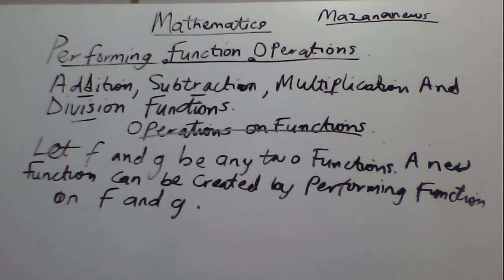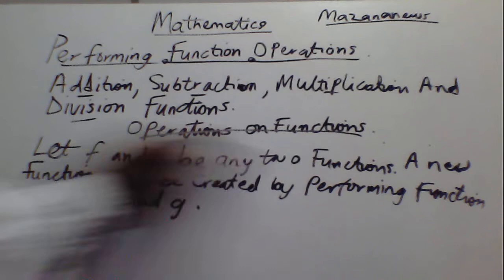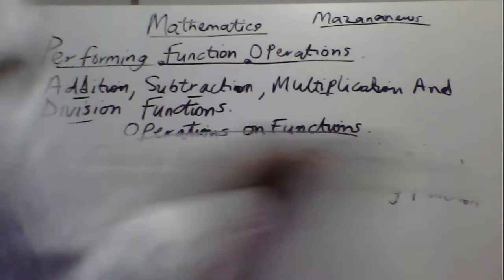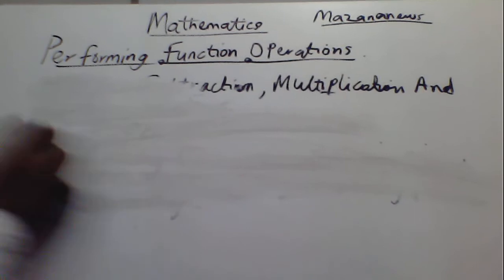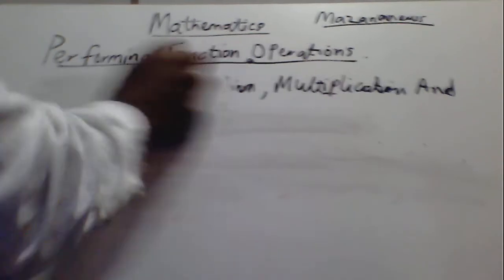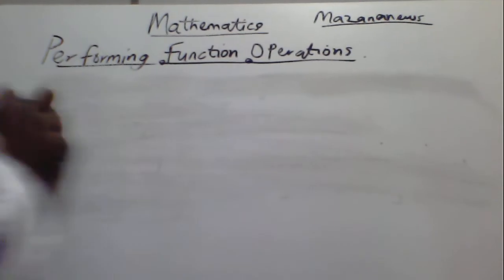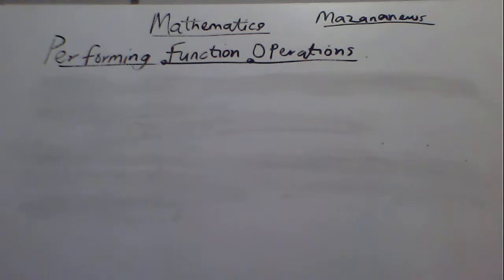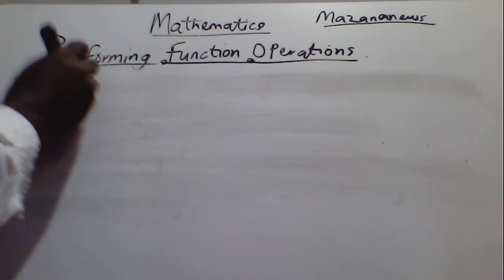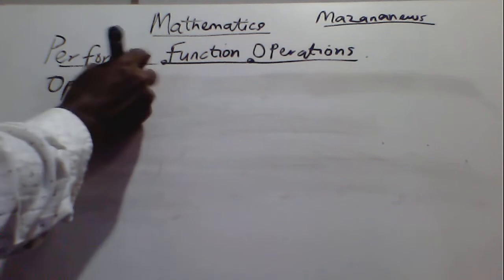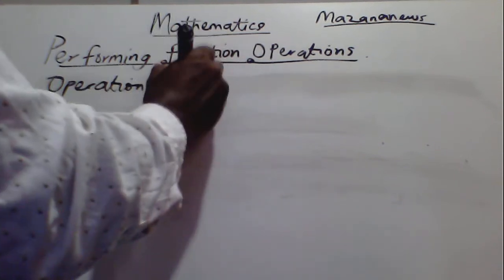So to be able to do this, let's clean the board. I hope you are following. We already know what operations can be performed on f and g, where f and g are different functions. So, let's create a table of values for simplicity.